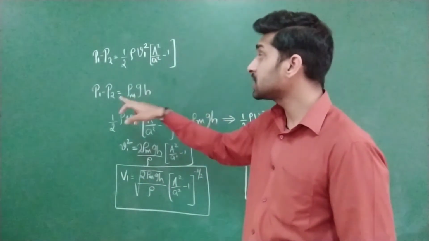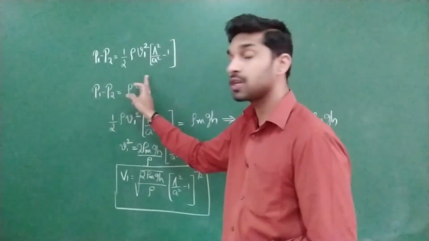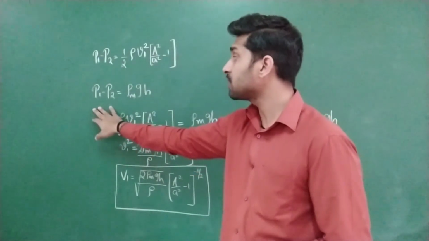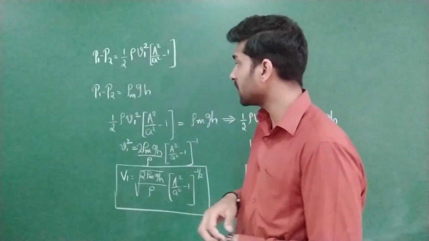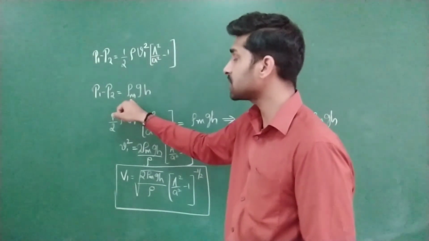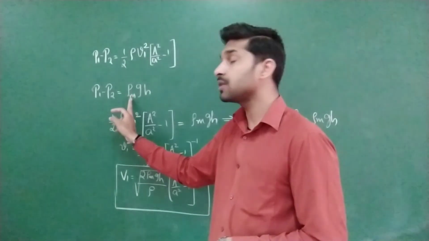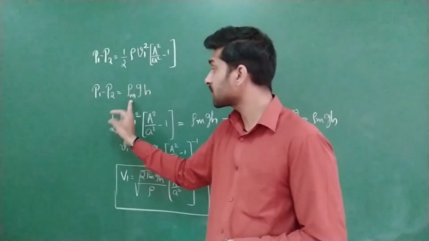Then this equation P1 minus P2 is equal to rho m gh. This is specially for U-shaped tube. Okay, pressure difference in that U-shaped tube if we calculate means rho m gh. Rho m, this m signifies the density of the material which has been used in that U-tube. Clear?